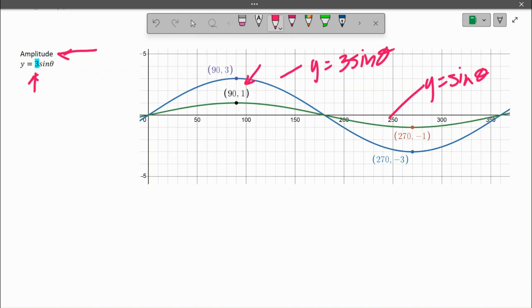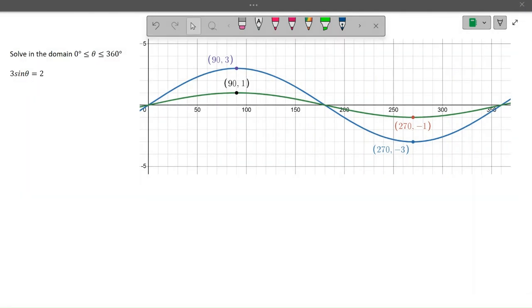My wave is taller, and it increases in size positively and negatively at the same rate. So my total distance goes from 3 to negative 3, which is 6, with each one of them having a height of 3 from the x-axis.